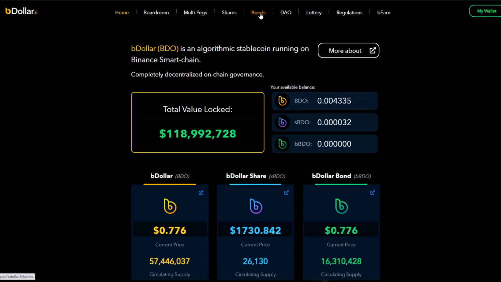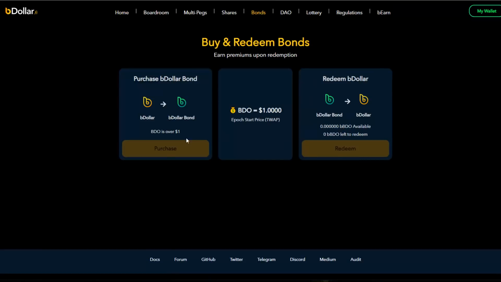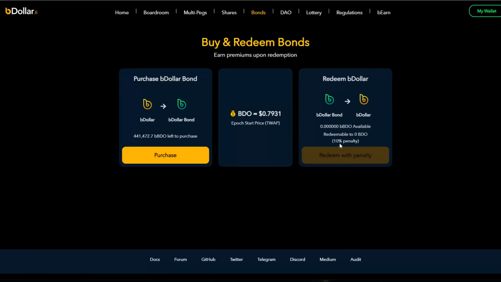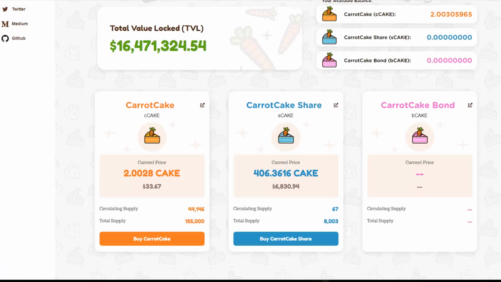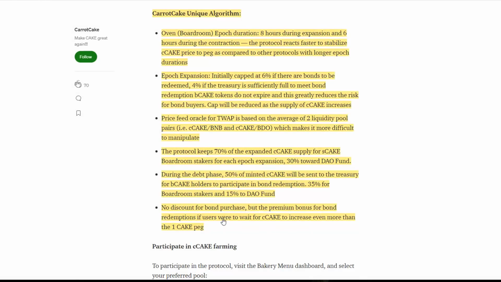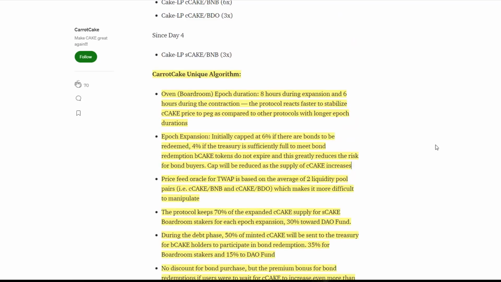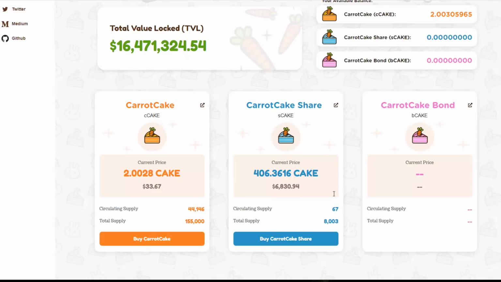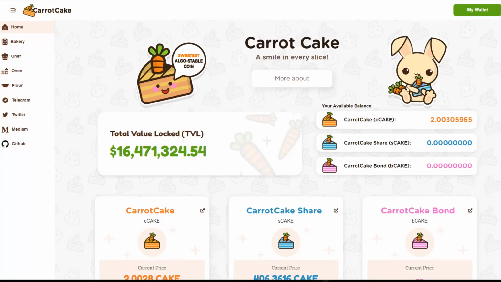Like here with the bonds, you get penalized like 10% if you liquidate early, and that's just what they mean by that. There's no discount for the bond purchase, but a premium bonus for the bond redemptions. Essentially, what I've just explained is they're trying to make this whole system work better when it kicks off. It hasn't kicked off yet. Well, we'll see if it works better.